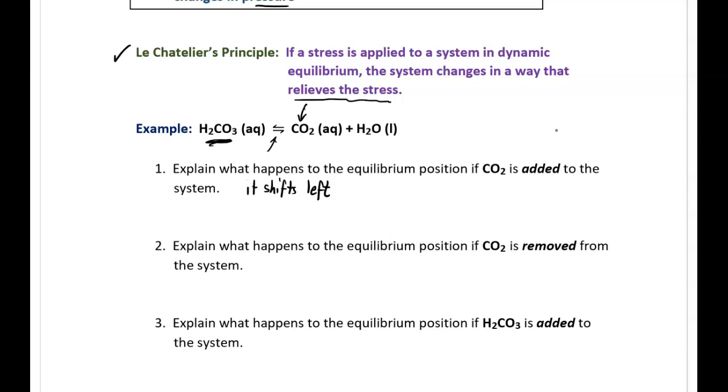That is, the concentration of the H2CO3 is going to increase. Increasing the amount of the stuff on the left side of the reaction means that the equilibrium position has shifted to the left. Another way to say this is that the reaction will favor the formation of the reactants.